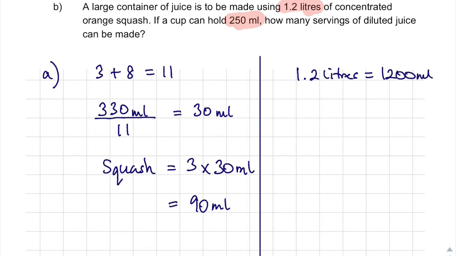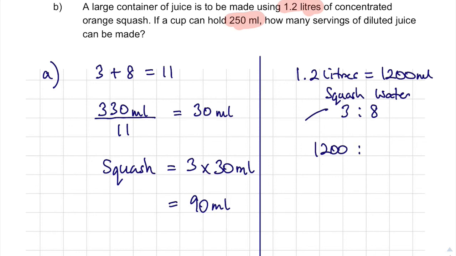Okay, well, I know that the squash and the water is mixed in the ratio of 3:8. So this is the squash on the left-hand side, and this is the water on the right-hand side. So 3 parts squash and 8 parts water. And I know that the squash that we have got to use is 1200 milliliters. Well, how much water is then needed?